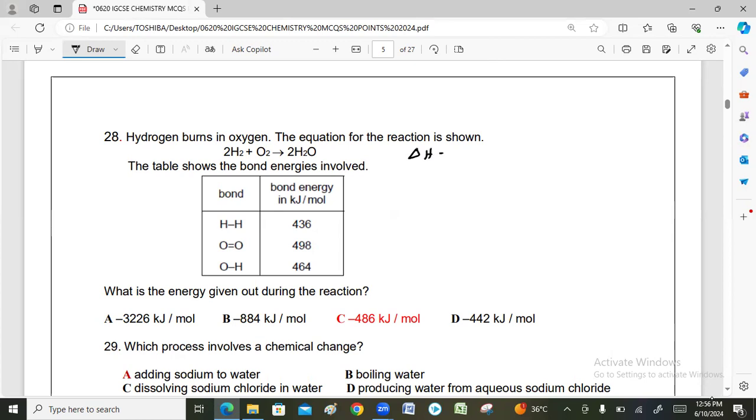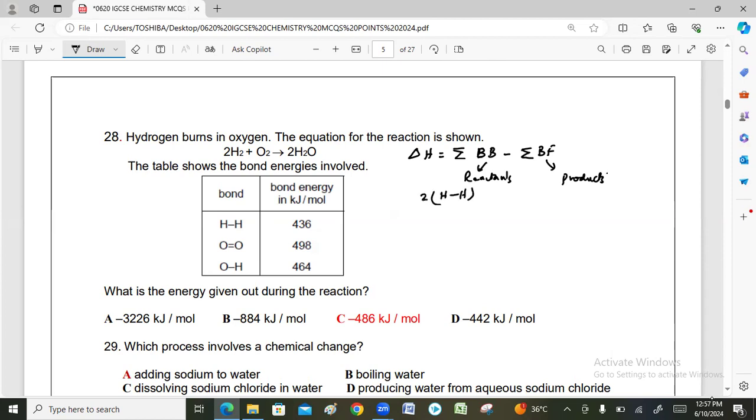The formula for calculating the enthalpy change is the sum of energies of bonds broken minus the sum of energies of bonds formed. Bonds are being broken on the left hand side, meaning you will have to consider the bonds of the reactants, and bonds formed means the bonds of the product.